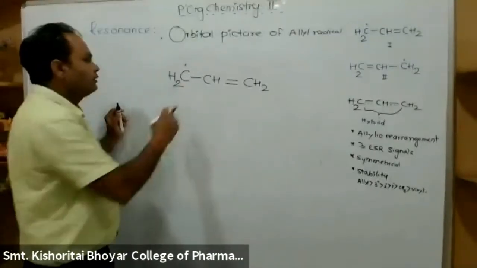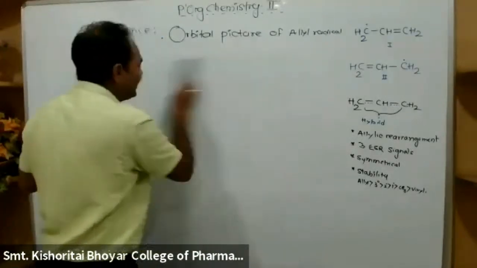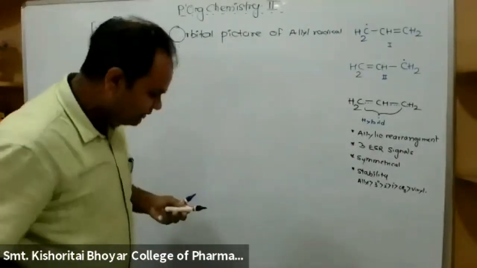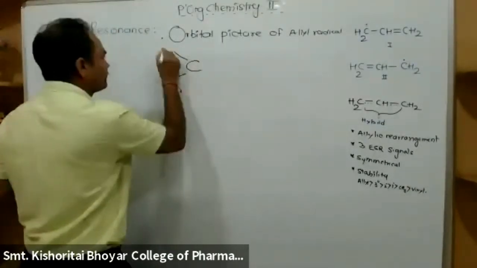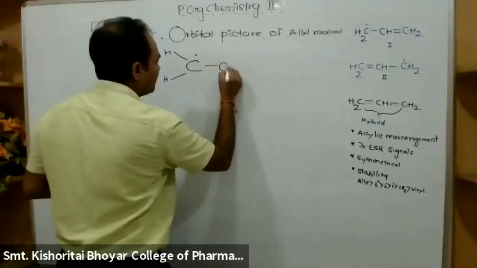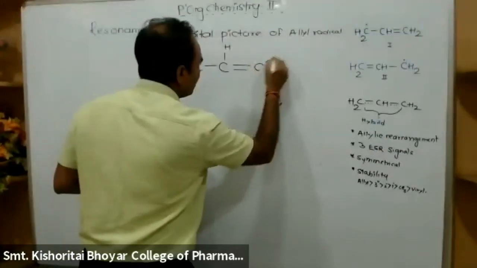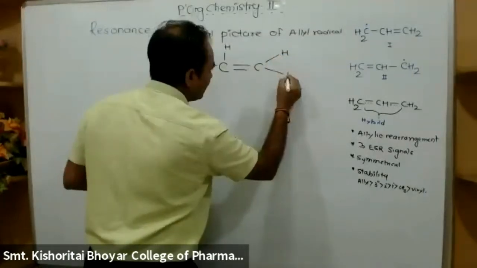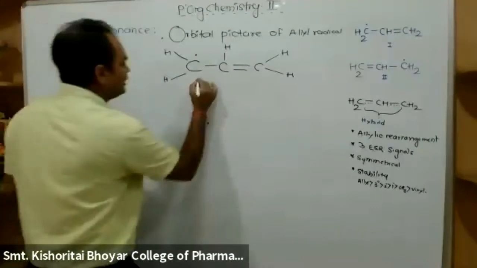Now, if you see this structure very carefully, I am writing it in a different manner so you can understand very easily. See this. So this is the structure of the allyl radical.